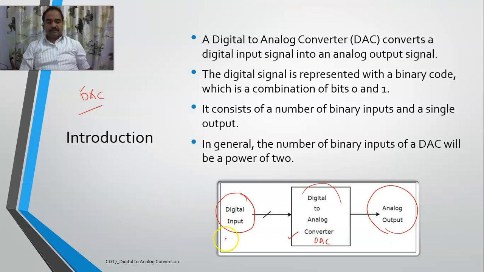The digital input will be in the form of either 0 or 1. The digital signal can be 2-bit, 4-bit, 5-bit, 6-bit, any number of bits, n, but each bit can be either 0 or 1. We call these binary inputs. If given to a DAC, you will get an equivalent analog output.